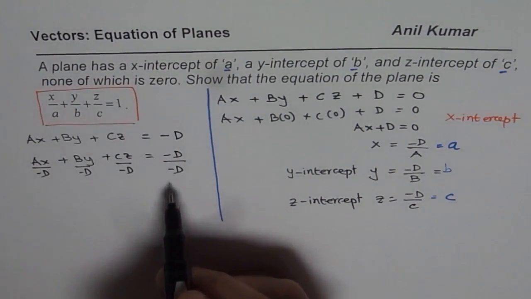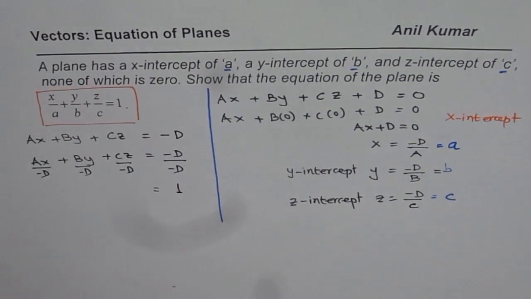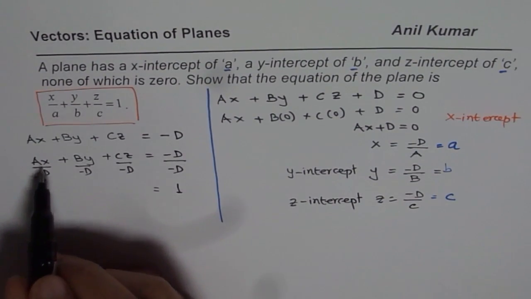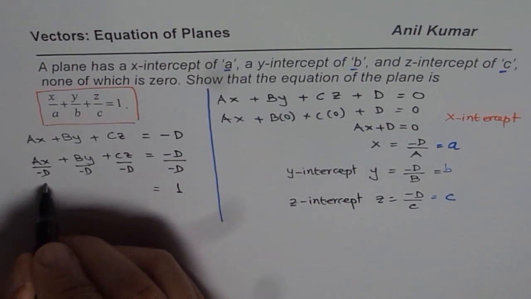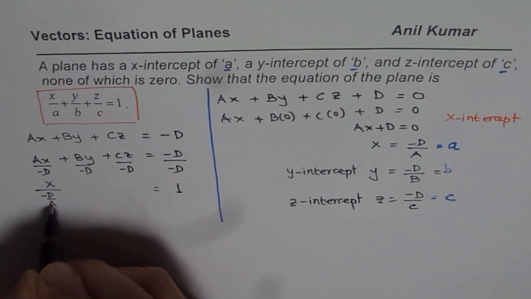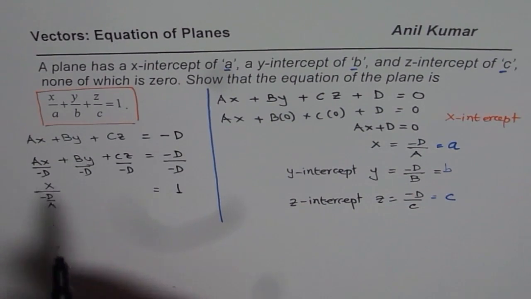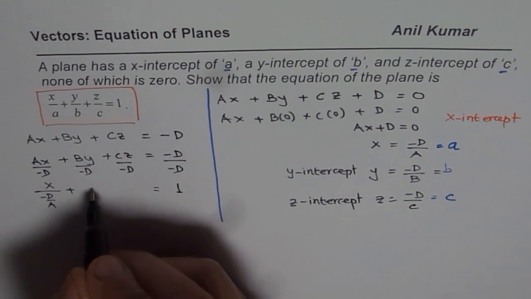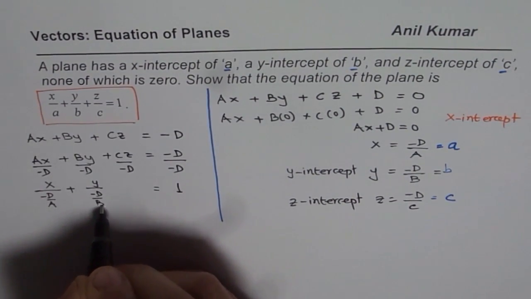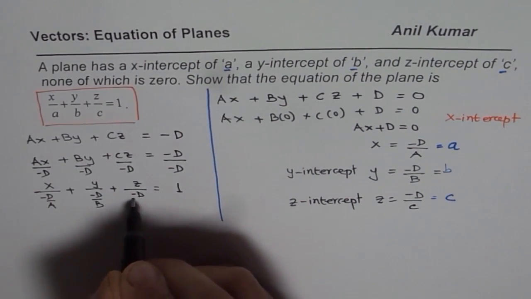Right, so on the right side what I get is 1, right? Minus d divided by minus d. On the left side I could actually write ax over minus d as x over minus d over a. Do you get the idea? So I could write this as this. This is the same, correct? So I could write all these as y over minus d over b plus z over minus d over c.